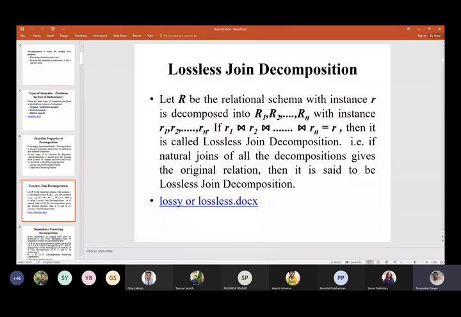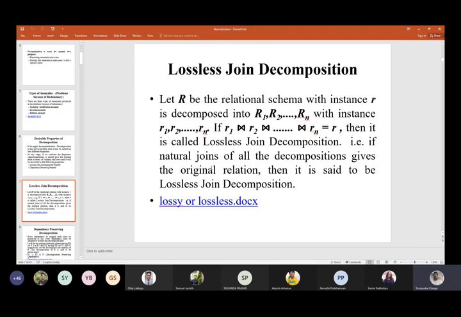So we have some exercises to work, to check whether a decomposition is going to be a lossy join or lossless join decomposition, right? Before studying that, we'll discuss the closure property in a database system.